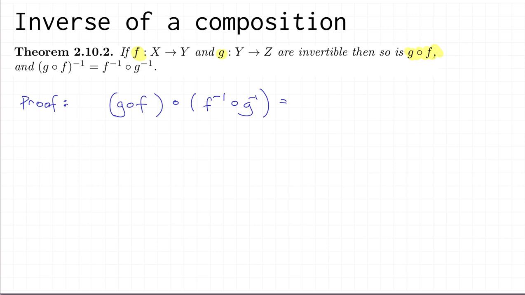We can use associativity to re-bracket this however we like. So I'm going to re-bracket it like this. So this is by associativity, SOC for short. Okay, f composed with f inverse is the identity on y.